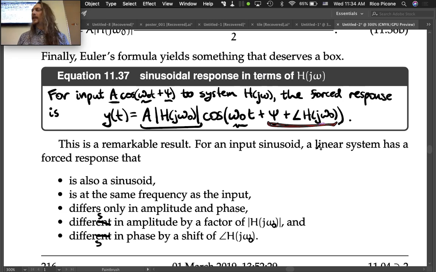Pretty crazy, right? All that analysis boils down to you put in a sinusoid, you get out a sinusoid. What changes? Not the frequency. The amplitude changes. How does it change? Just by the magnitude of the frequency response function factor. And then also the phase changes. And how does the phase change? Just by a shift from the phase of the frequency response function.